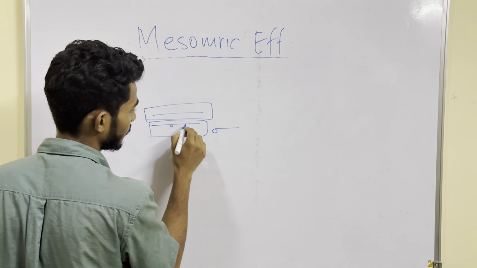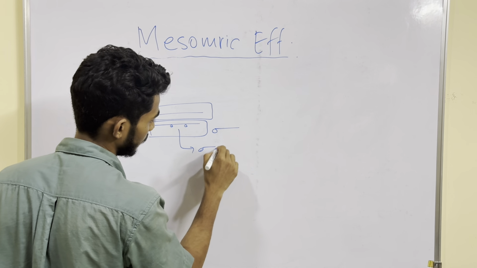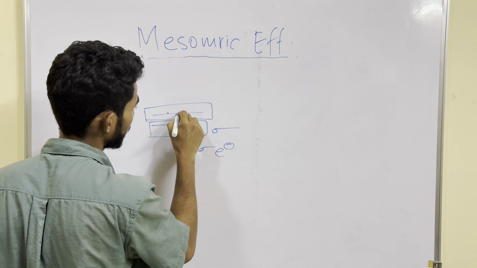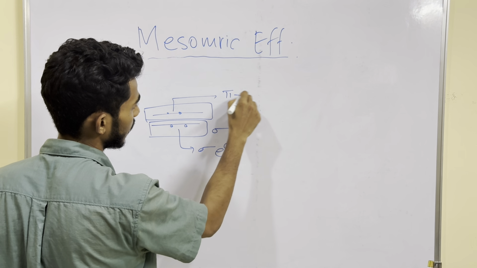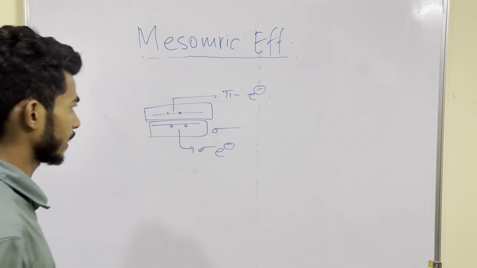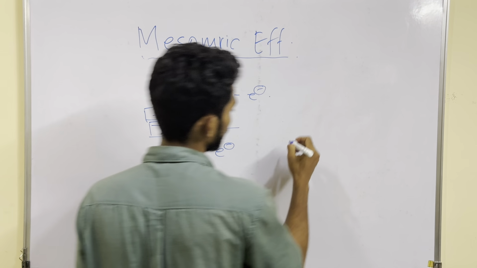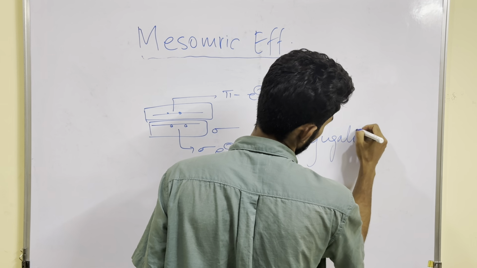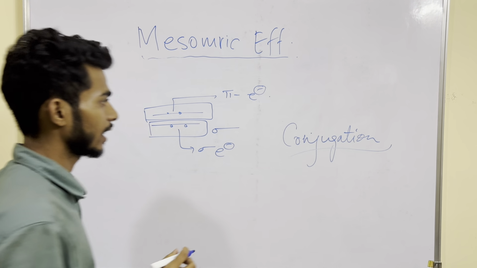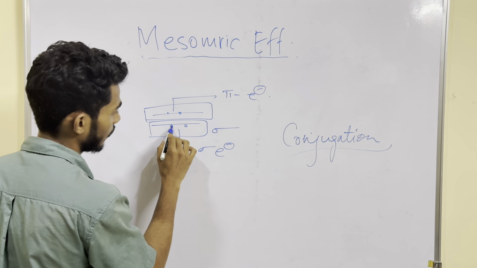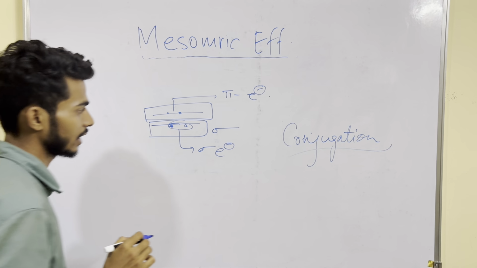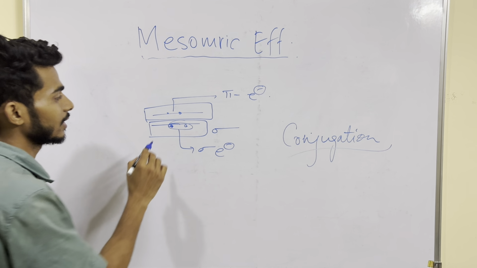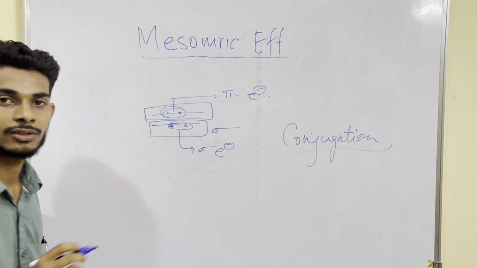Electrons present in the sigma bond are called sigma electrons, and electrons present in the pi bond are called pi electrons. So in the mesomeric effect or in conjugation, you will never see the delocalization of sigma bond electrons. You will always see the delocalization of pi electrons only.